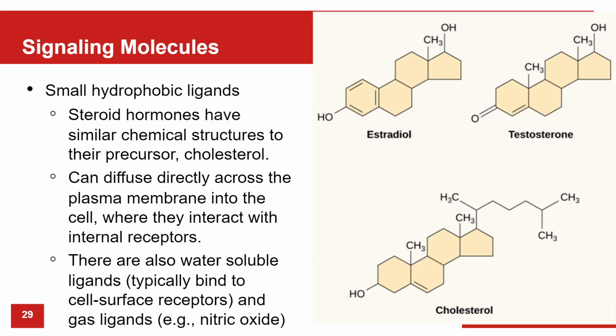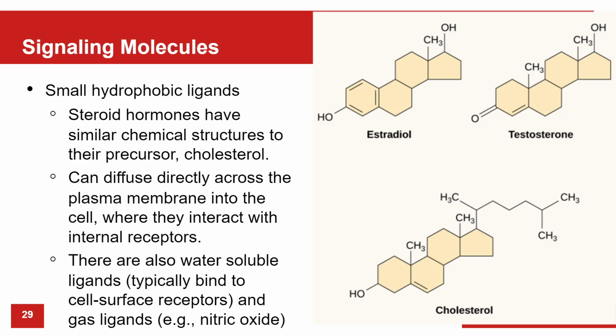Okay. All right, signaling molecules. Small hydrophobic ones. Can these pass through the membrane on their own? Yes, usually they can. So steroid hormones have similar chemical structures to their precursor cholesterol. Where do we see cholesterol?